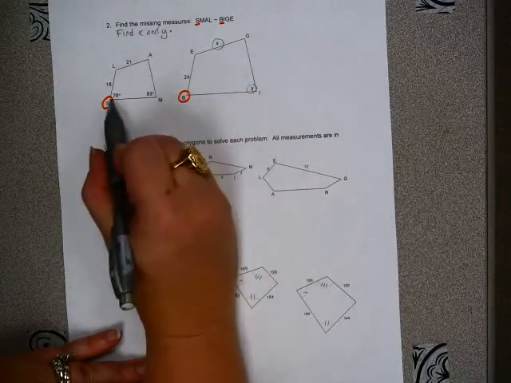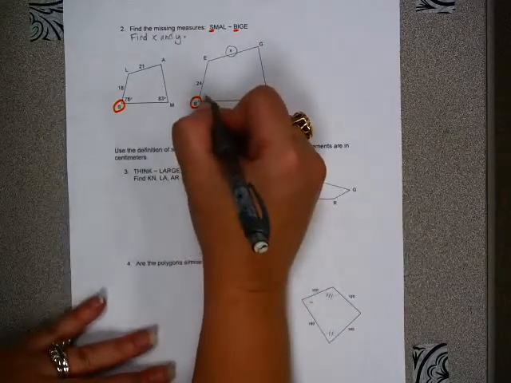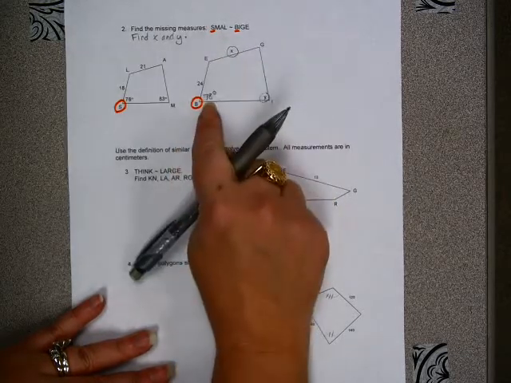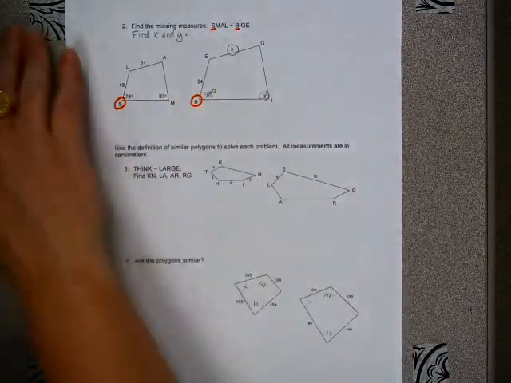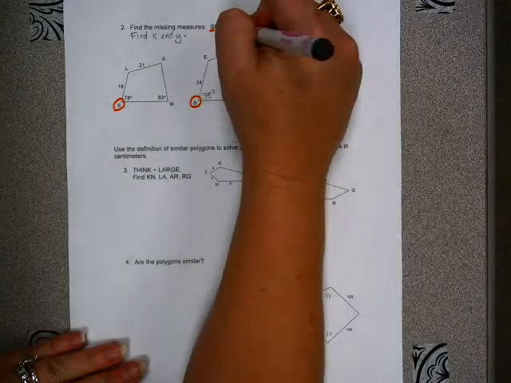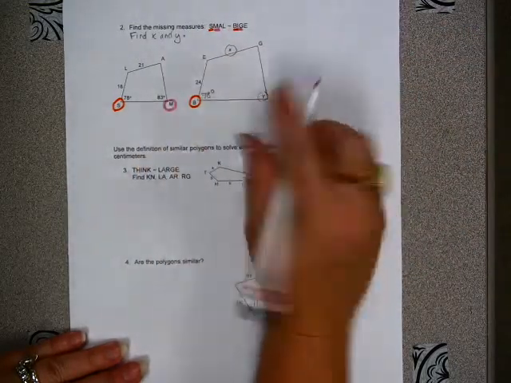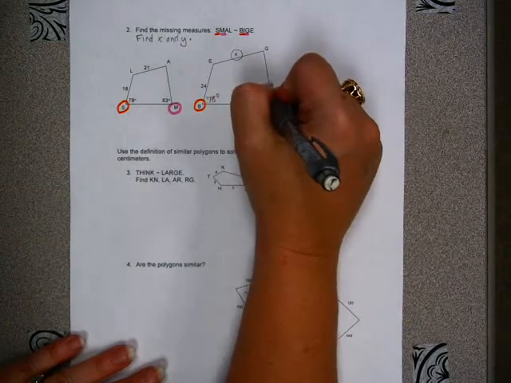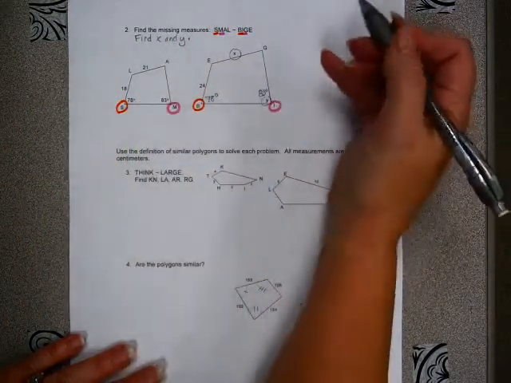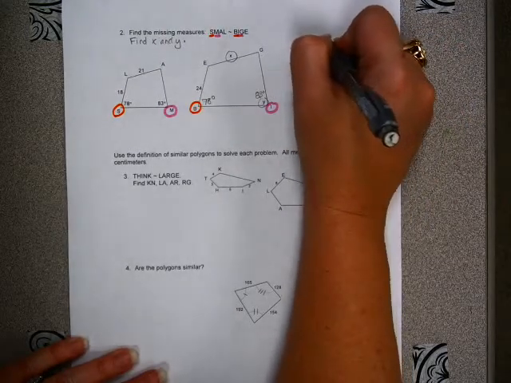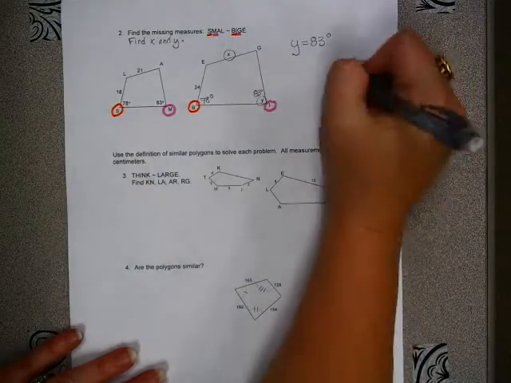And since they're congruent, angles are congruent, I'm going to write 78 degrees right here. Then the next one, M corresponds with I. So this one is 83, but this one over here just has a Y. So I'm going to say this is 83, and now I already know what Y is. So that was easy. Y equals 83 degrees. So I found Y.